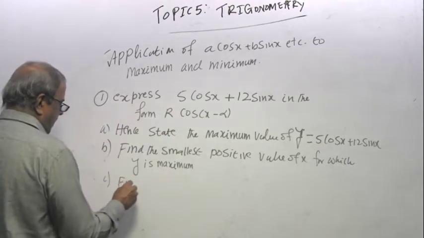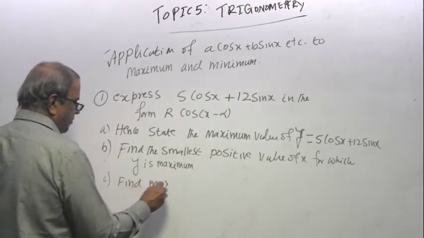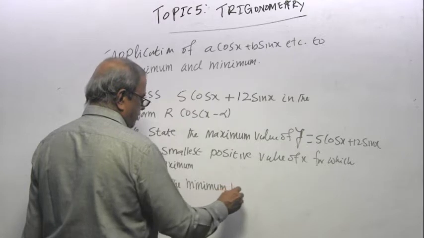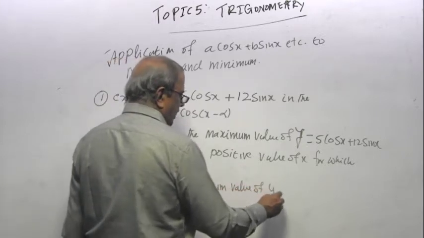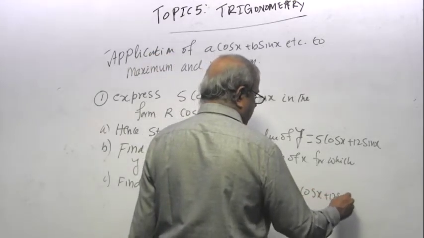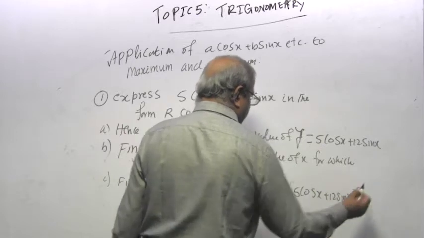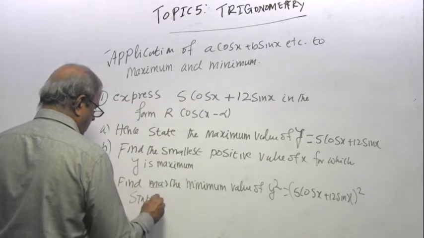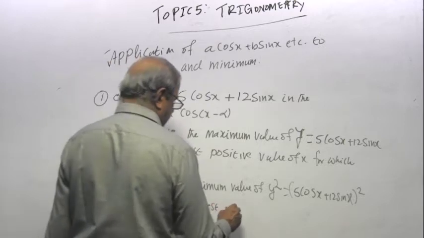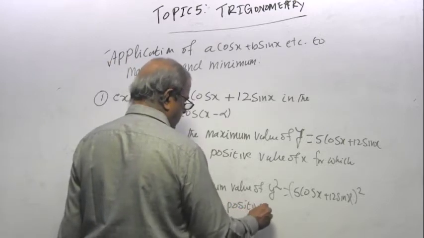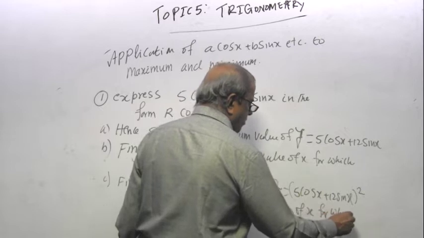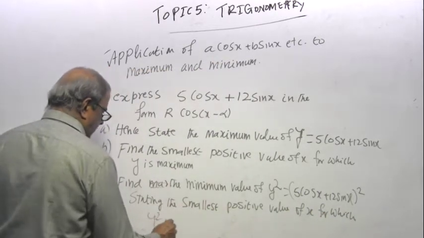Part C: find the minimum value of y squared equal to (5 cos x plus 12 sin x) squared, stating the smallest positive value of x for which y squared is minimum.